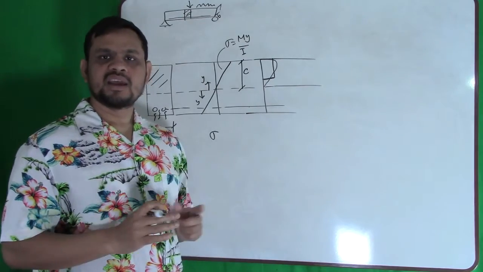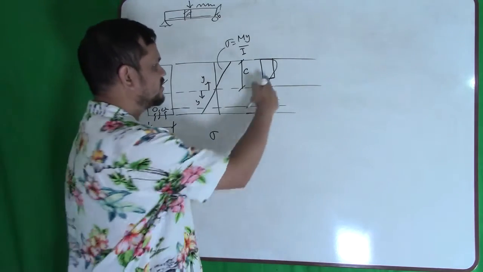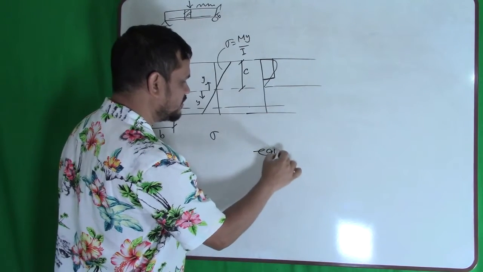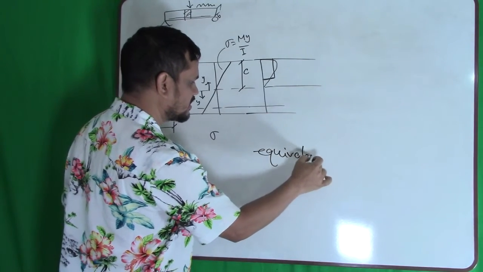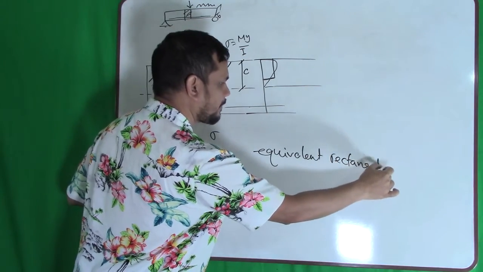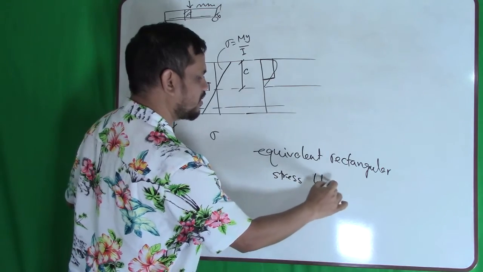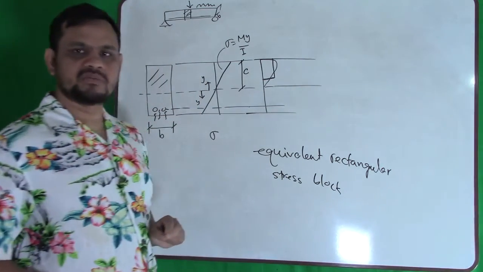So we make an equivalent rectangular stress block. It is better to know this.